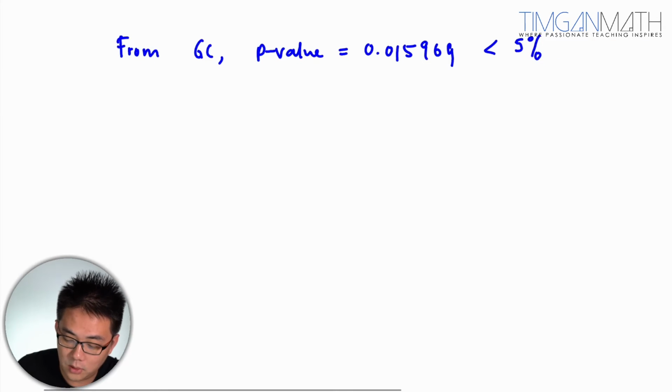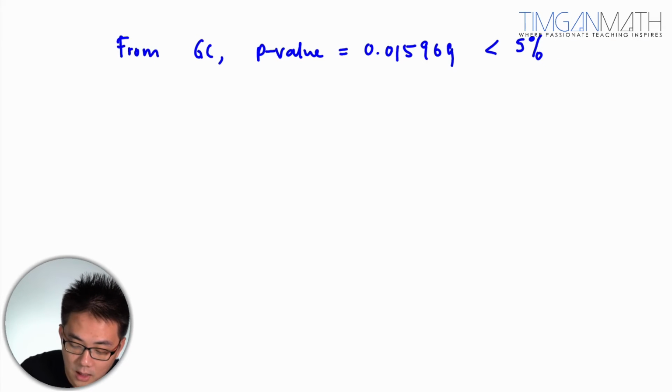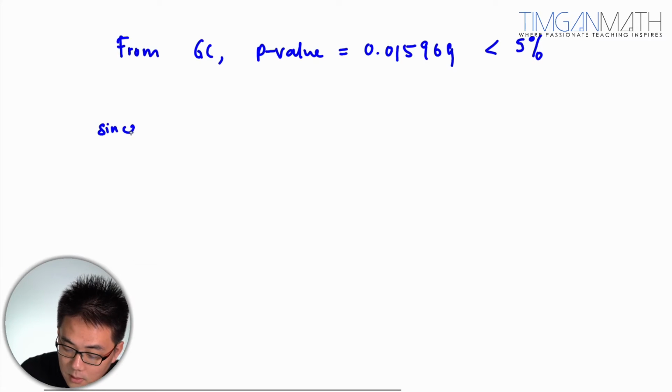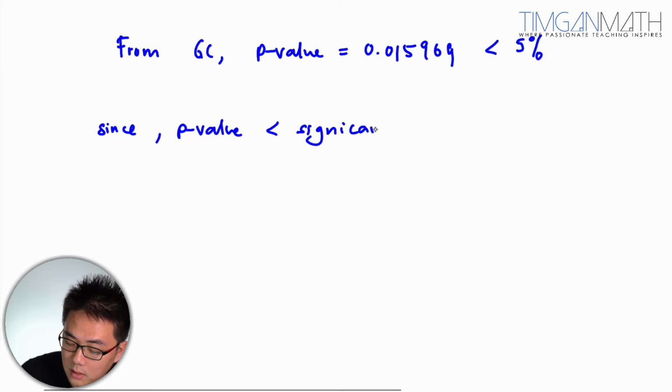So the conclusion is that since the p-value is less than the significance level, H0 is rejected.